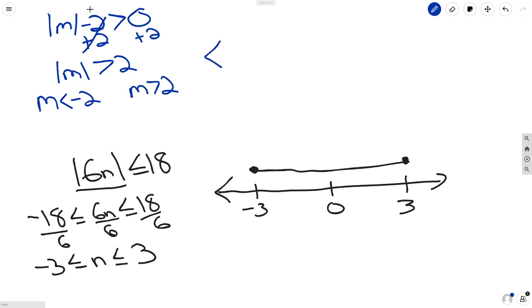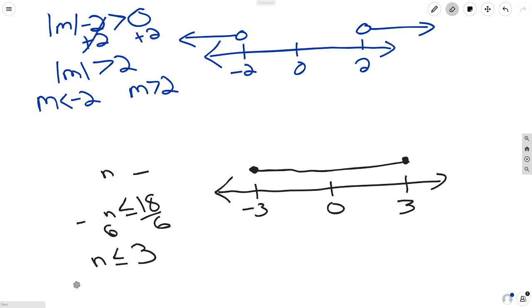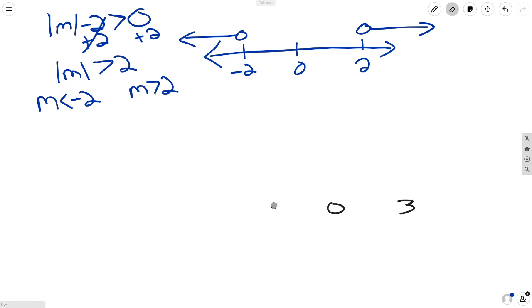Because again, we want the distance to be more than 2. The distance is more than 2. So then I just go ahead and graph this here. Open circles. Greater than 2, less than negative 2.